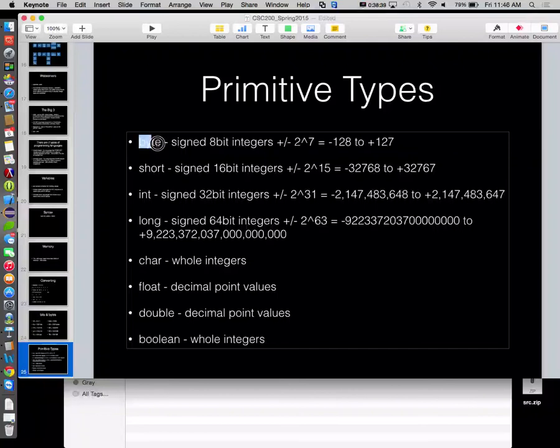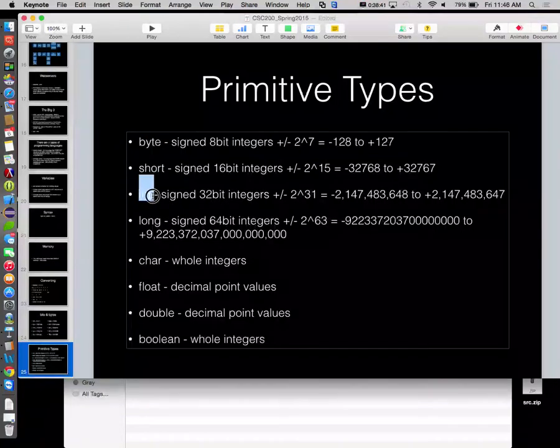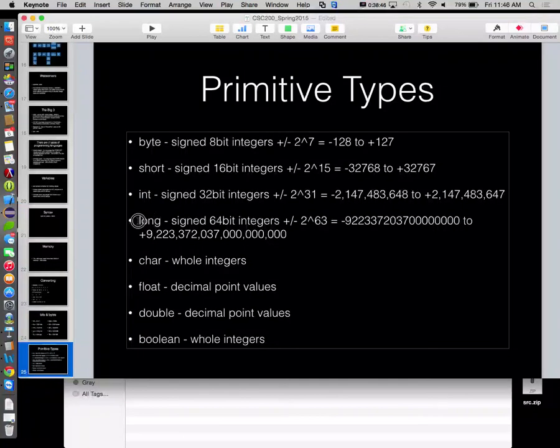Byte is not, but it's very rare. Int is going to be the most prevalent. You'll see ints all over the place. And then in the couple of situations where an int isn't quite long enough, you'll see longs. All right? So these are 4 guys for holding signed integers, plus or minus whole numbers. Now, a char primitive type is built for holding characters.